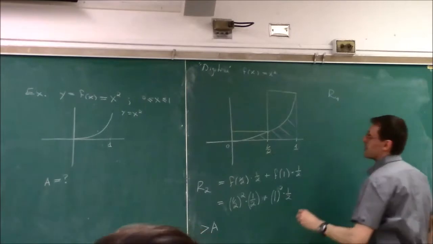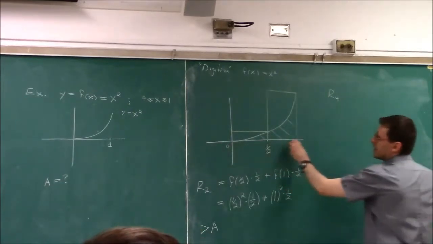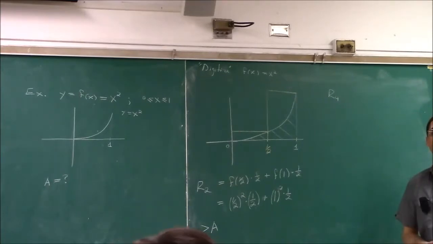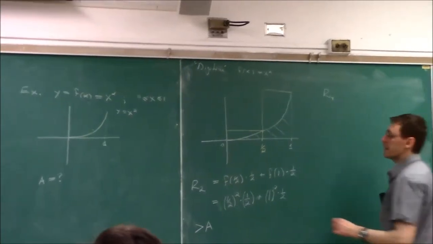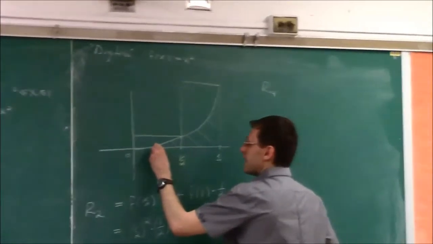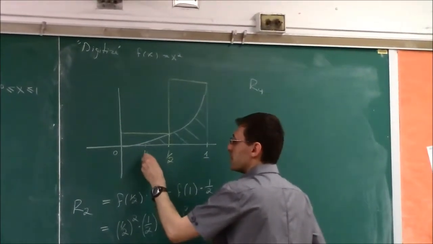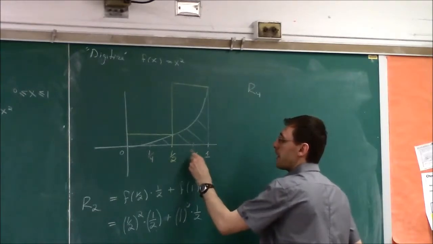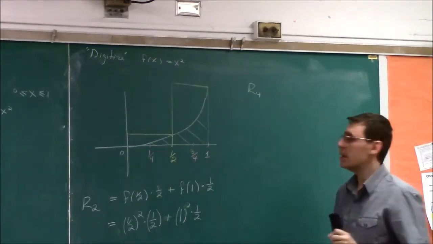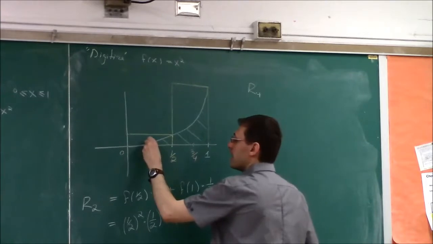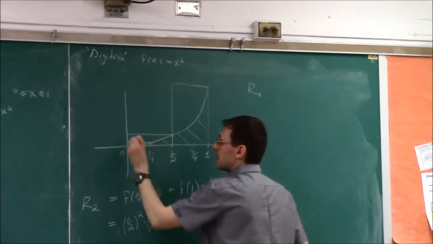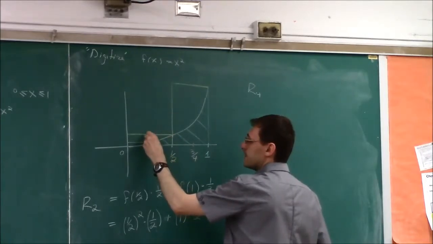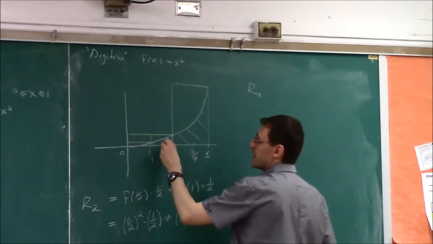Now what's R sub 4? So what it means is that I take this width from 0 to 1, and I subdivide it into 4 equal subintervals. So that means that here I have the point 1/4. Here I have the point 3/4, correct? Now over the point 1/4 I erect this rectangle. Then over the point 1/2, between 1/4 and 1/2, I erect this rectangle.